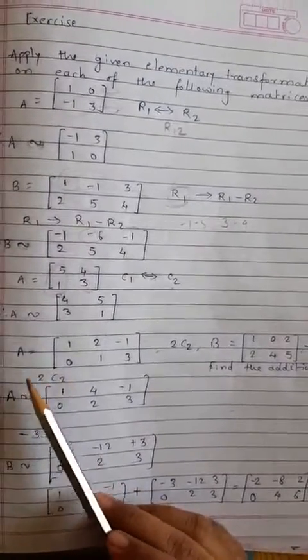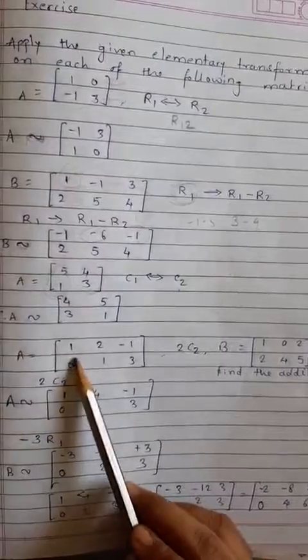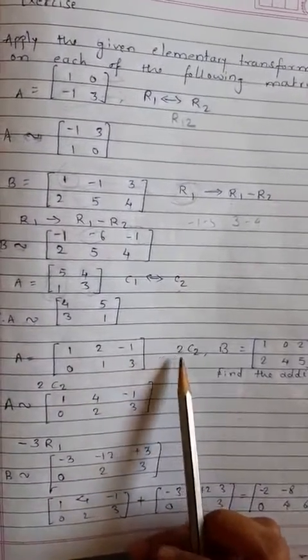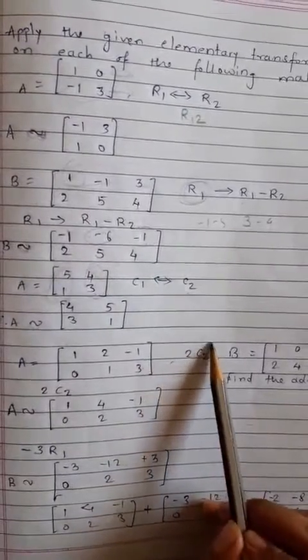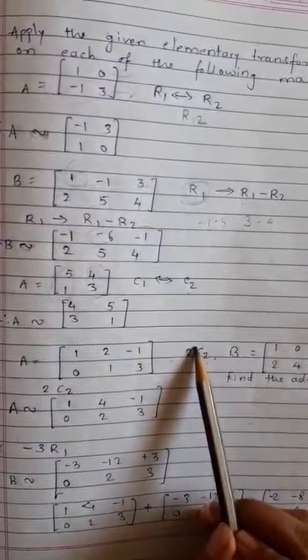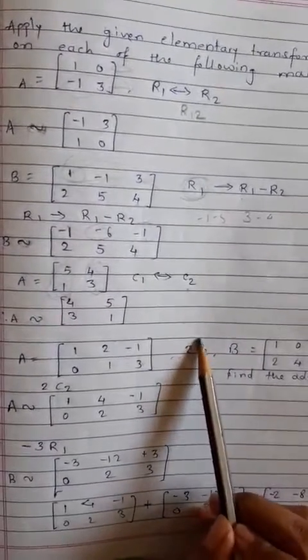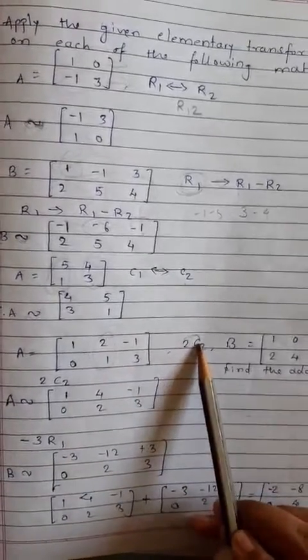So first we will see A is equal to this matrix, and you have to do the operation 2C2. 2C2 means you have to do the multiplication by 2 to the second column only, the second column is given.